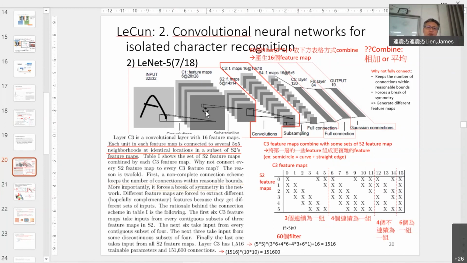If 3D, it will be 3D times the channel number. So for the 2D, each one is a 2D map, and crossover is the number of channels or number of maps. If 3D, each one is a cube, X, Y, Z or W, H, D. A 3D filter is a cube.